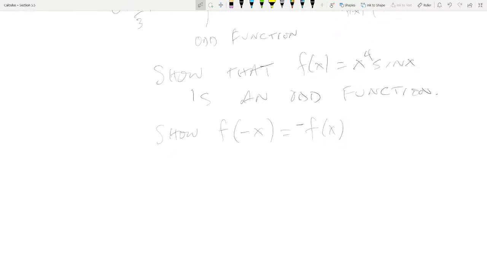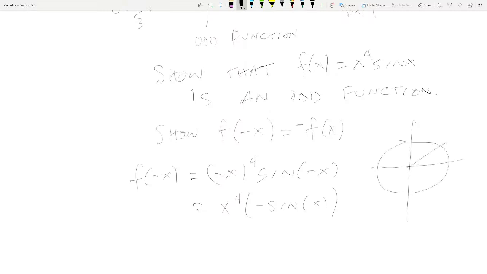So we can check that for this one. So f of negative x, that's negative x to the 4th sine of negative x. Negative x to the 4th is just x to the 4th, because negative 1 to the 4th is 1. And sine of negative x, well, that's negative sine of x, because sine itself is an odd function. And to see that, we can check the unit circle real quick. If this is my angle x, then this little distance here is the sine of x.